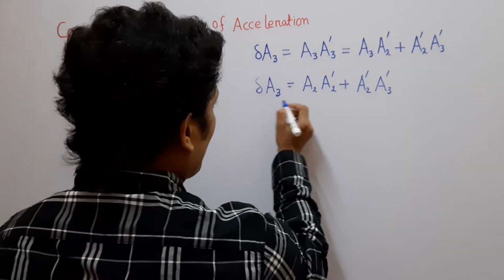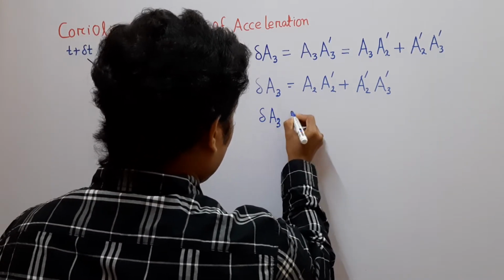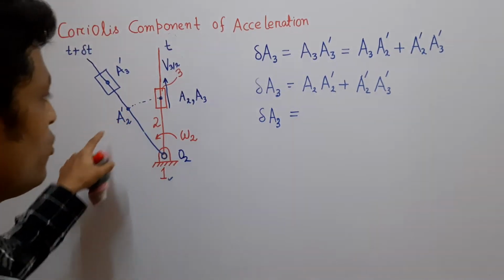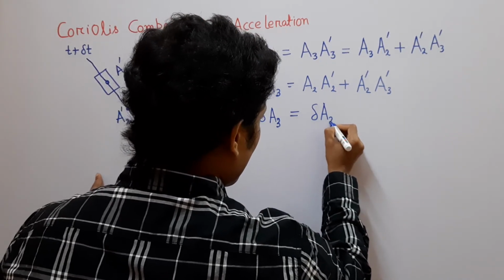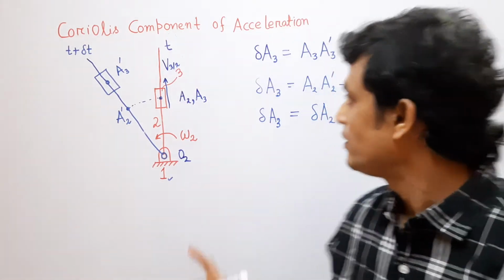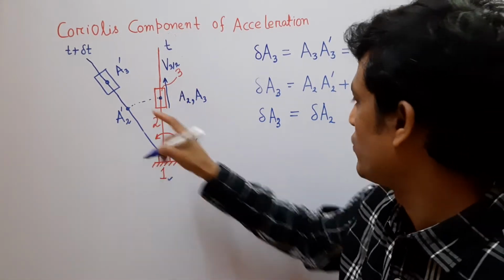Now what is this? Delta A3, and this is A2 to A2 prime, which is nothing but delta A2, the total displacement of point A2. A2 shifts from A2 to A2 prime.